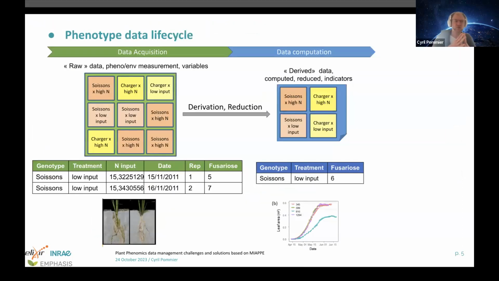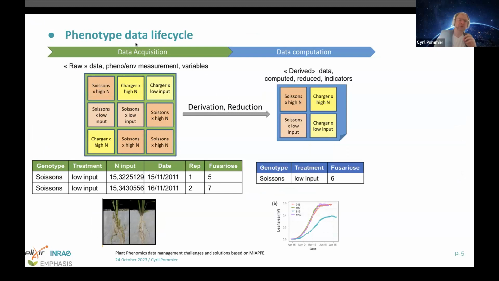What we have seen along those past 10 years is that when we talk about phenotype, we speak, in fact, of many, many different things. This is linked to a lot of things, and I cannot explain our position in only 20 minutes, but one of the key aspects is the phenotype data life cycle, which is quite complex.